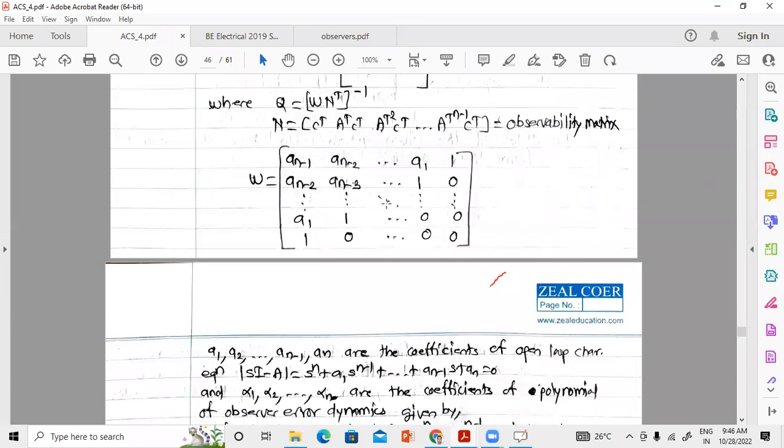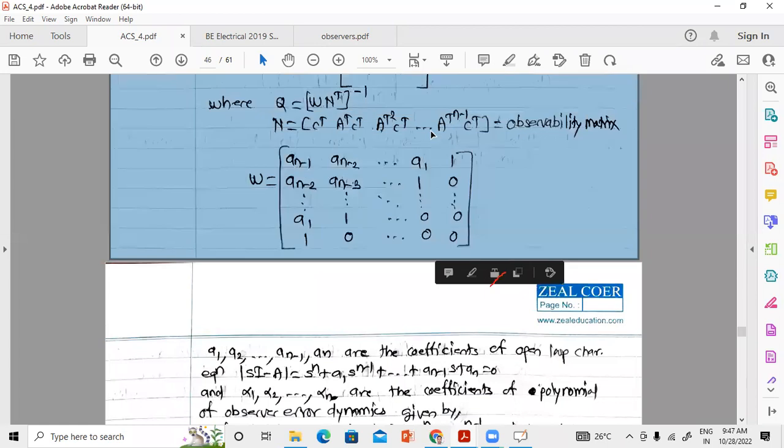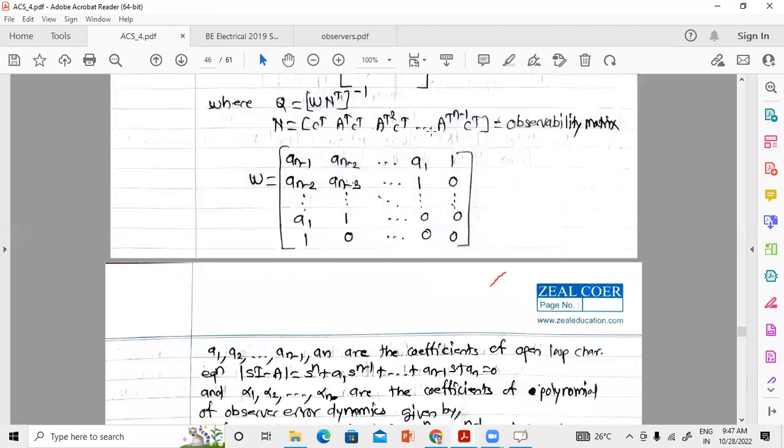And what is this matrix N? Can anyone tell me what this matrix is? C transpose, A transpose C transpose, A transpose square C transpose.